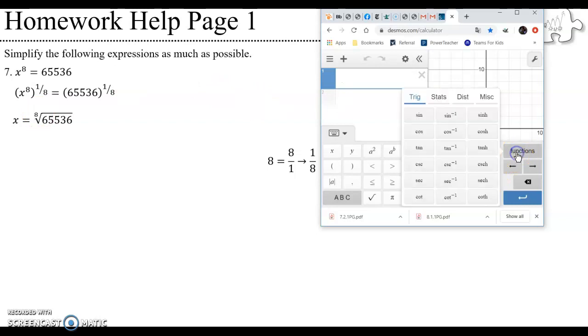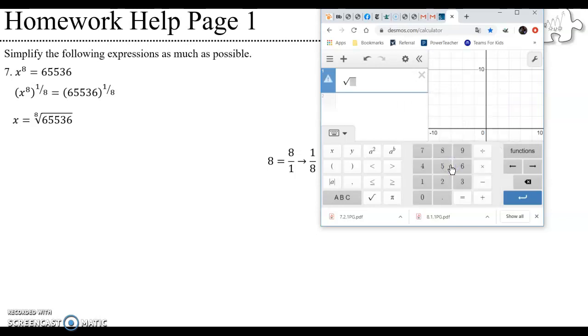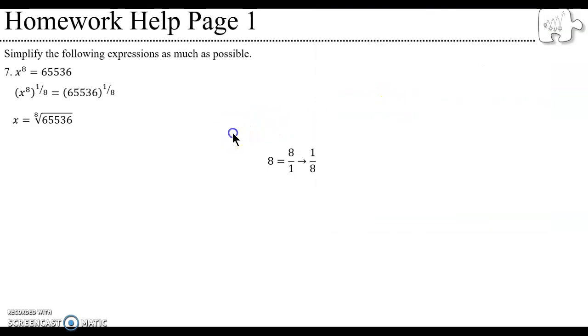You're going to have to go here. I think it's under miscellaneous. Yeah, under miscellaneous, you see the square root with the little n. That means you could type in 8 here and click on the inside, and we could put 65,536. And we see that it just equals 4. So there, we're done with the first problem.